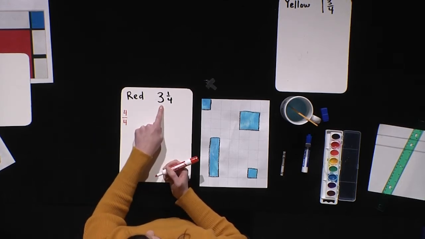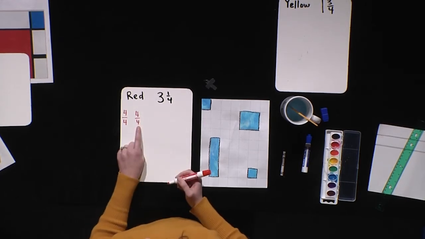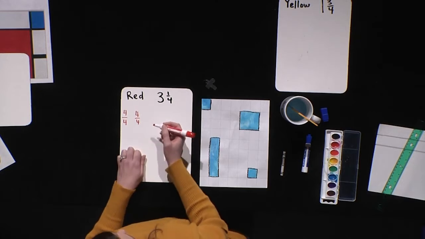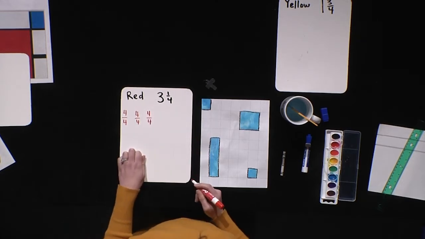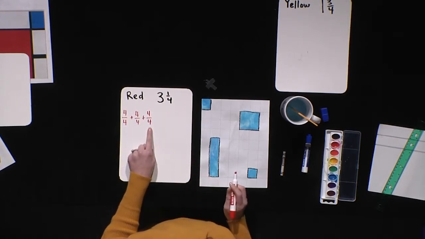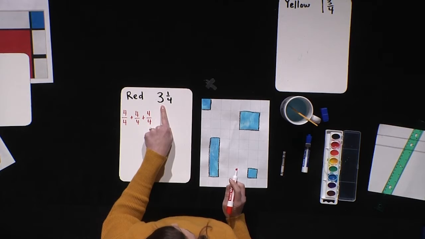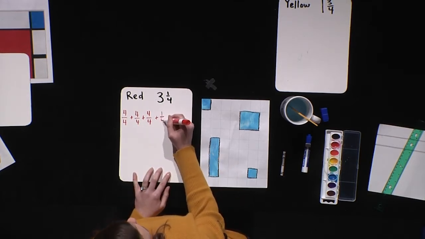Now I've got to do the number 2. So 4/4, which equals a second whole number. And for my final whole number, I'm going to write 4/4, and I'm going to put my plus sign so these numbers have the same value as my whole number 3. But I also have to remember my fraction, which is 1/4.